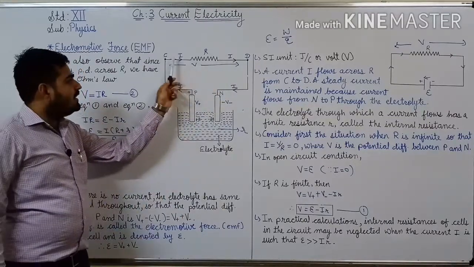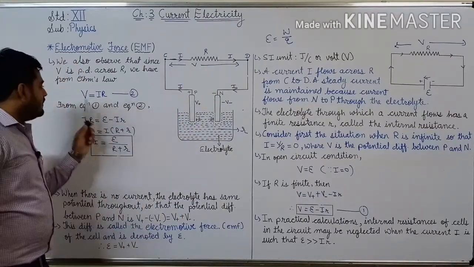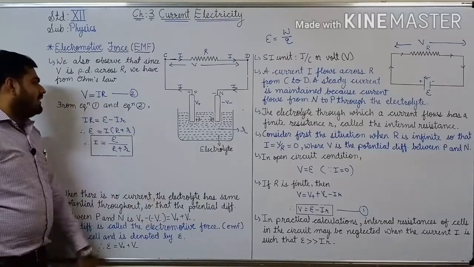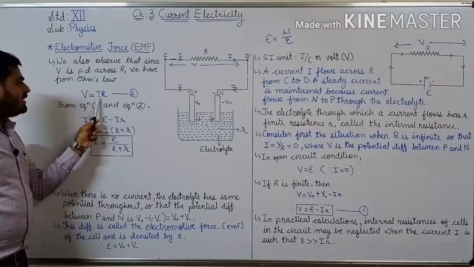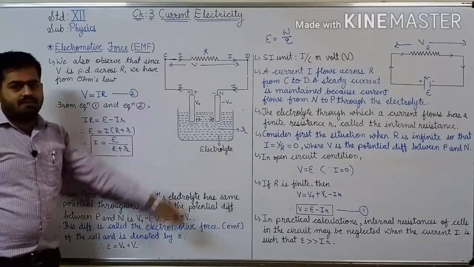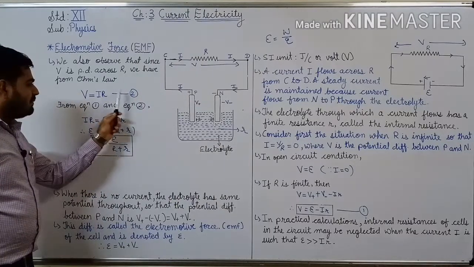According to Ohm's law, V is equal to IR. So terminal voltage is nothing but I into R. Equation number 2.